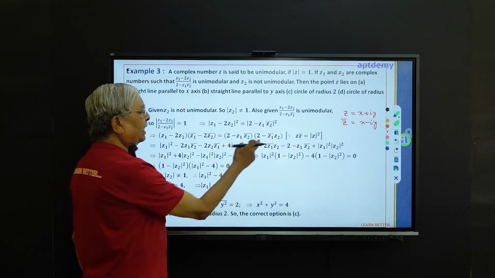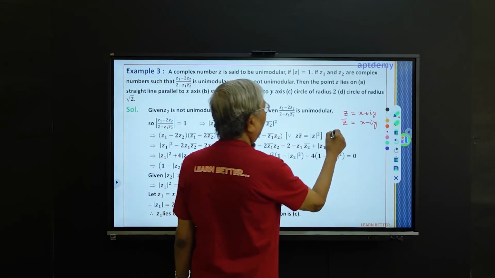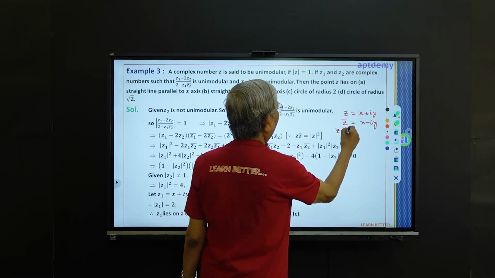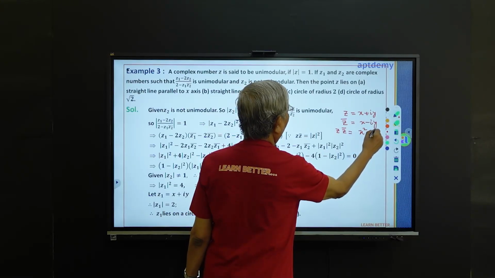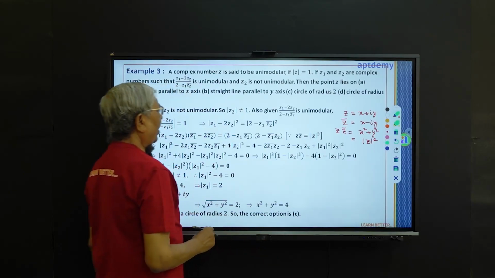Just now we have written z into z bar is equal to mod z square. How is this? z into z bar is x square plus y square, and what is our modulus z? Root over of x square plus y square. So we can write this as mod of z square.